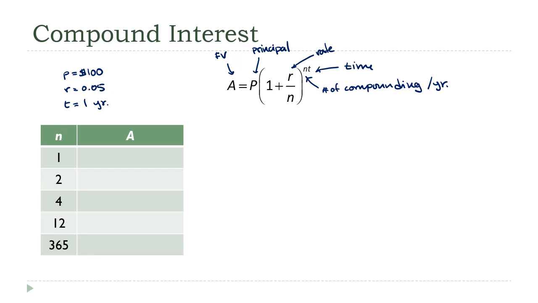That's what I have here in this table. I'm doing this for a year, doing it semi-annually, that's twice a year. 4 times a year is quarterly, 12 times a year is monthly, and 365 is daily. Every day for a year, you would be getting interest added into the account in that scenario.